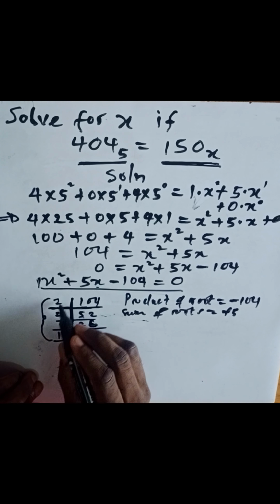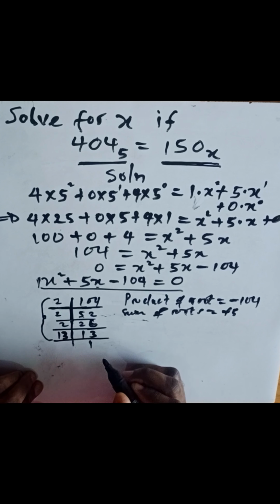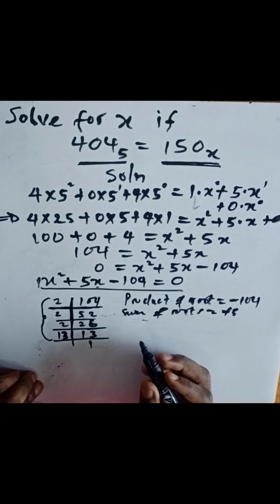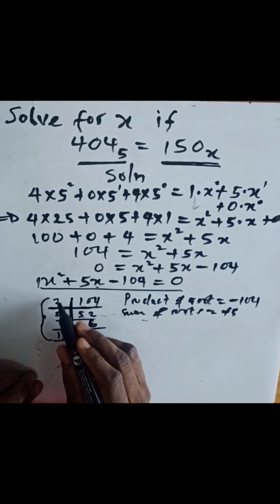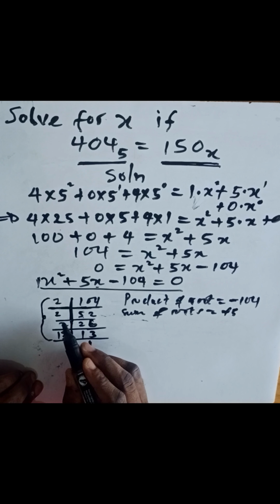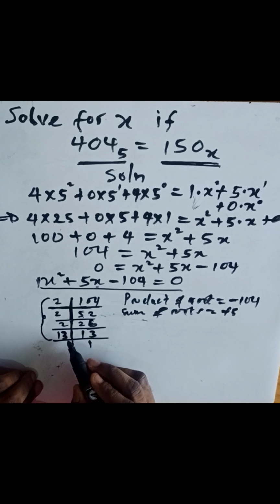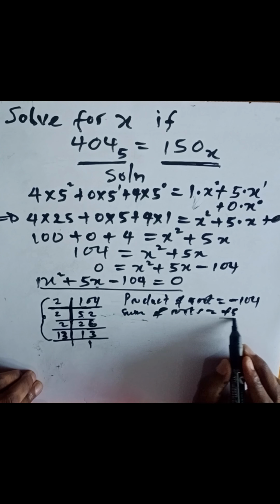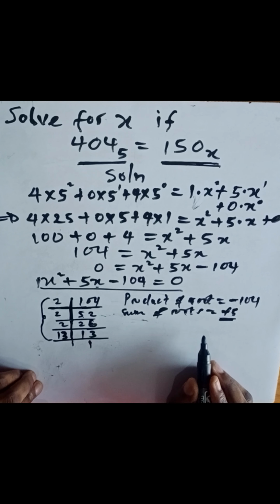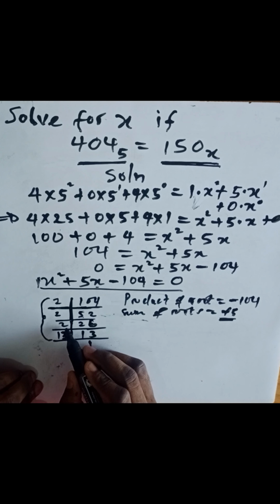Now, how are we going to form the two numbers from these factors? Let's check. If you isolate these, you could say 2 multiplied by 2 multiplied by 13, that's 26. 26 multiplied by 2, 52.